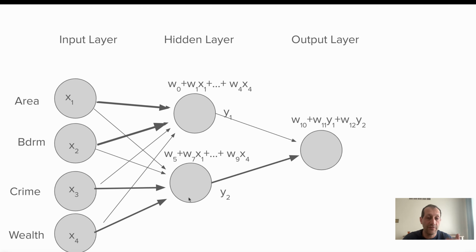And similarly, the second neuron might represent the school rating. And then the house price is predicted based on a combination of school rating and the number of people who can live in the house. Now, I was able to come up with this story to tell you what these hidden layers are representing.